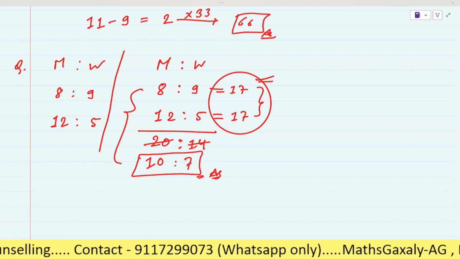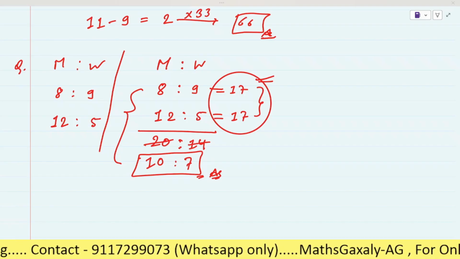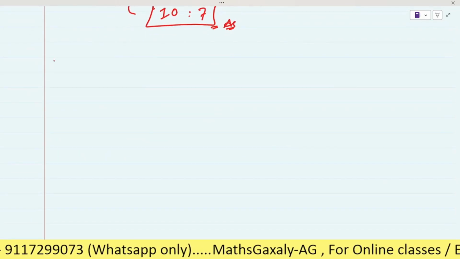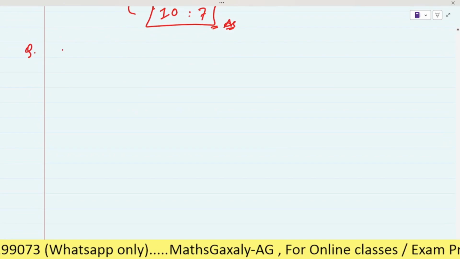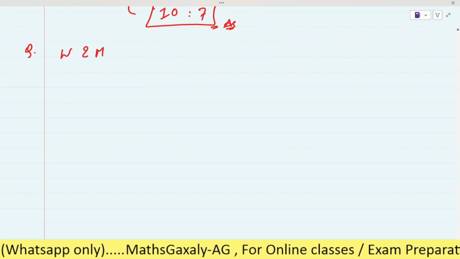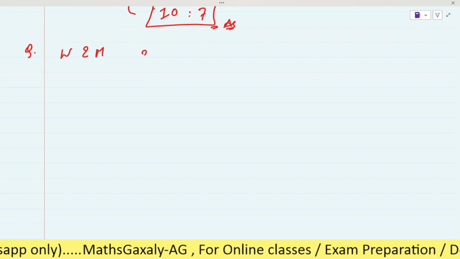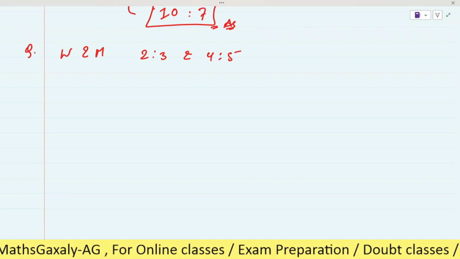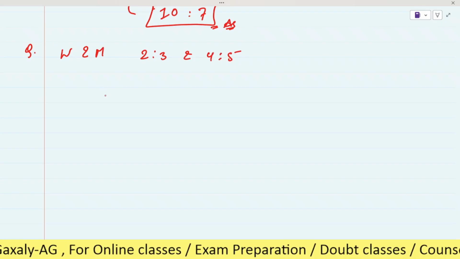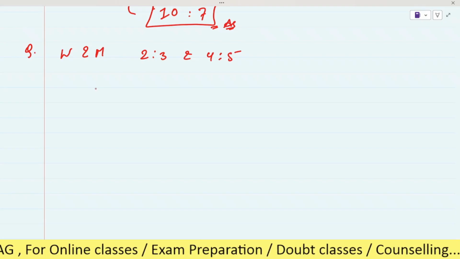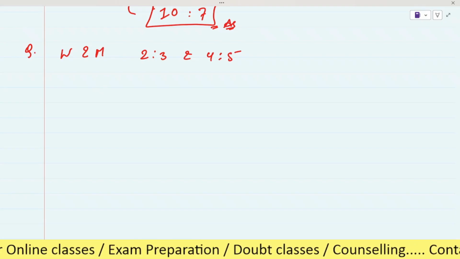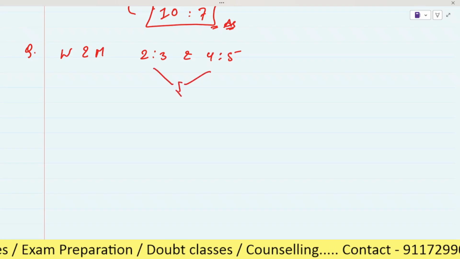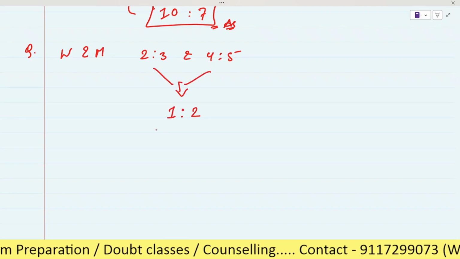The two vessels containing water and milk are in the ratio 2 is to 3 and 4 is to 5, are mixed in the ratio 1 is to 2.